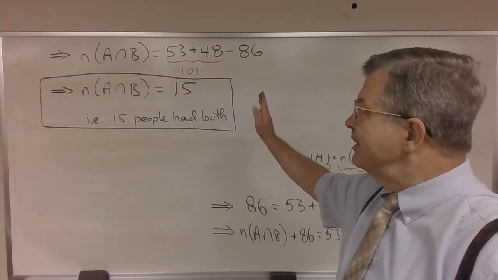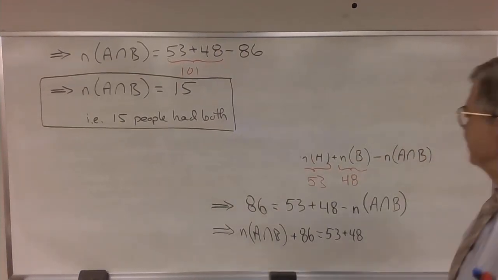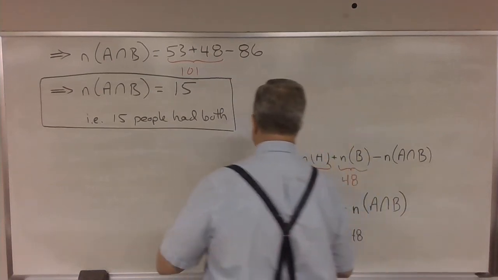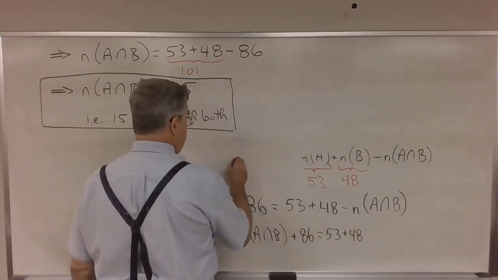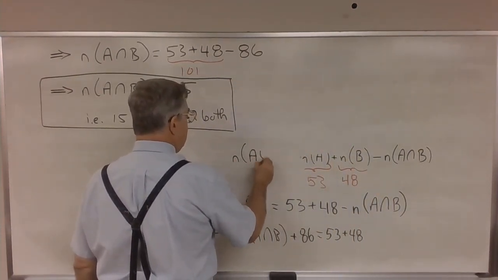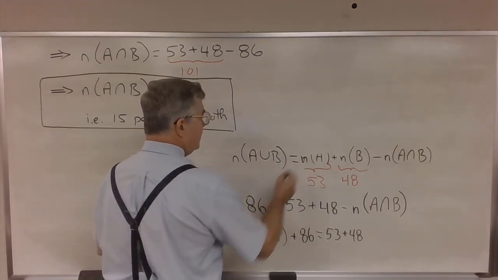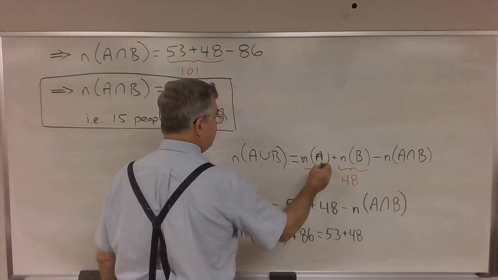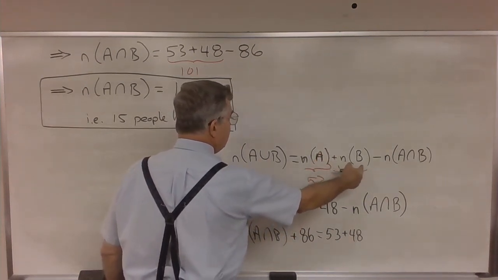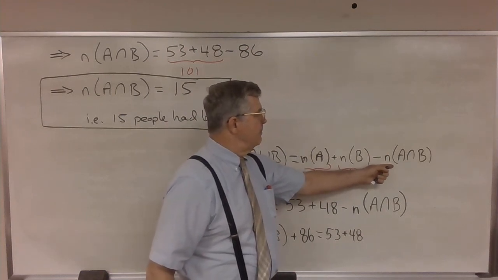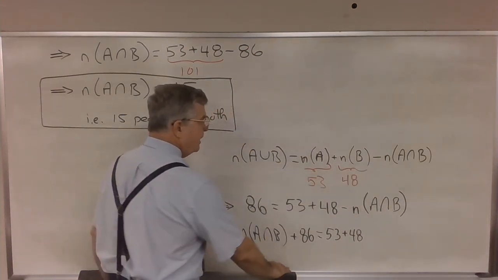So we want to get very comfortable using the formula that I just erased. Let's see, what was that? Number of elements in A union B equals number of elements in set A plus the number of elements in set B minus the number of elements in the intersection.